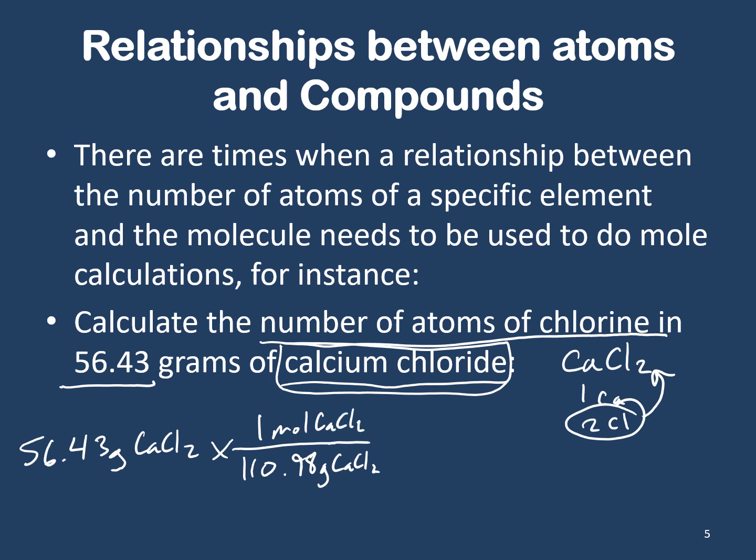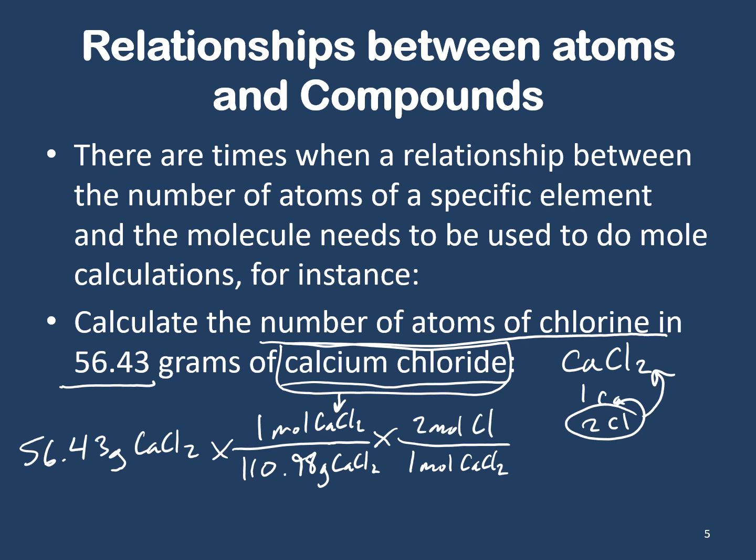And I strongly encourage you to continue labeling your substance, because we're now going to switch from moles of calcium chloride to moles of chlorine. I know that in every 1 calcium chloride, there are 2 chlorines. So in other words, in every 1 mole of CaCl2, there are 2 moles of Cl.